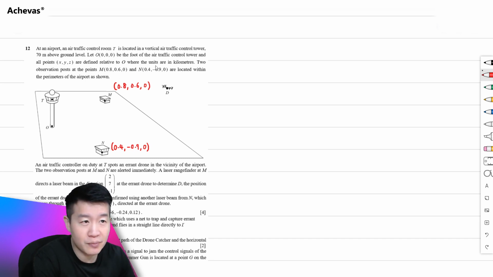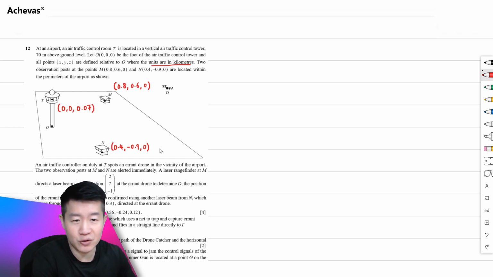All these units of measurement are in km. So if it is 70 meters above ground, that means T must be (0, 0, and for the z direction, it will be 0.07). So these are the coordinates of the 3 points.